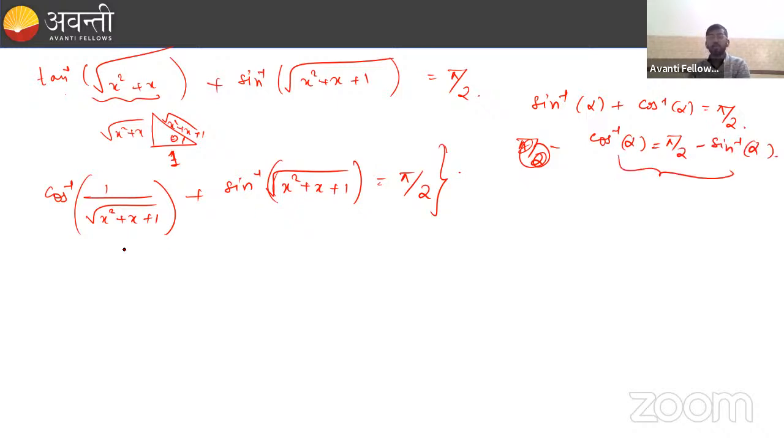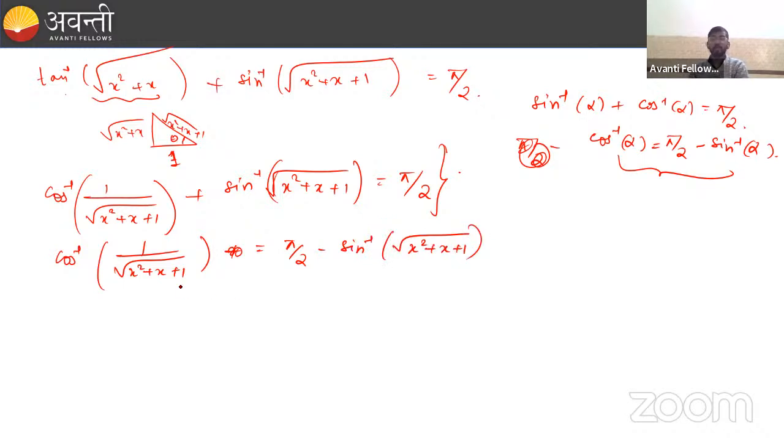So using this property, here I can write cos inverse of 1 upon under root x² + x + 1 equals pi by 2 minus sine inverse of under root x² + x + 1, right? So this thing can be written as cos inverse of under root x² + x + 1, correct?